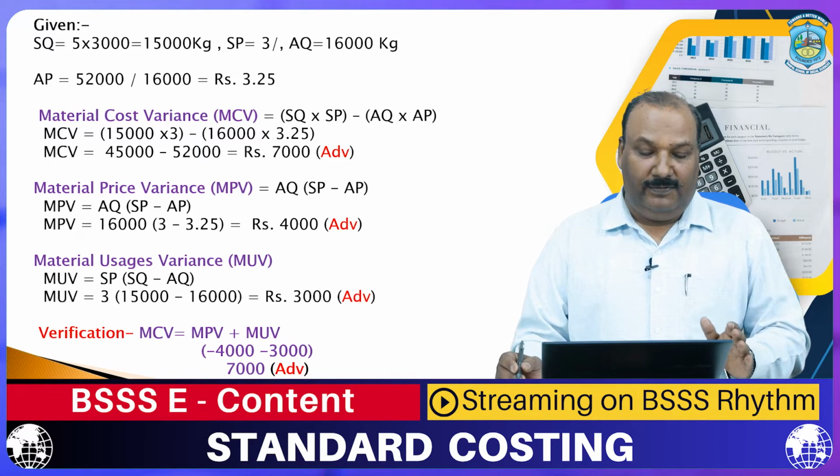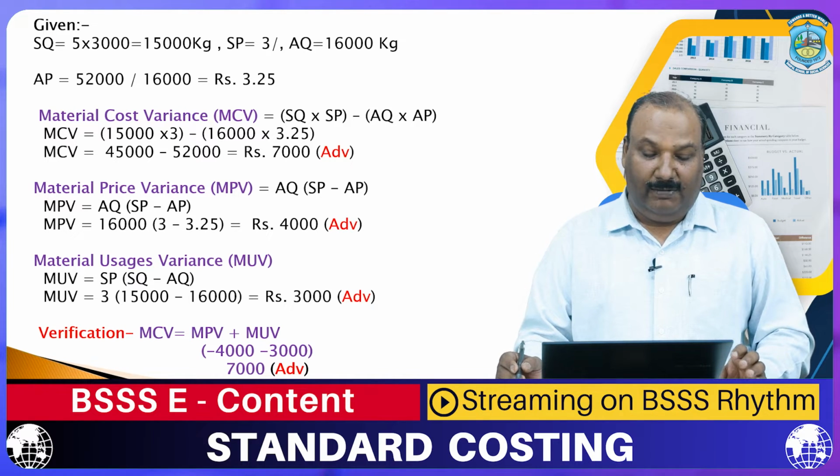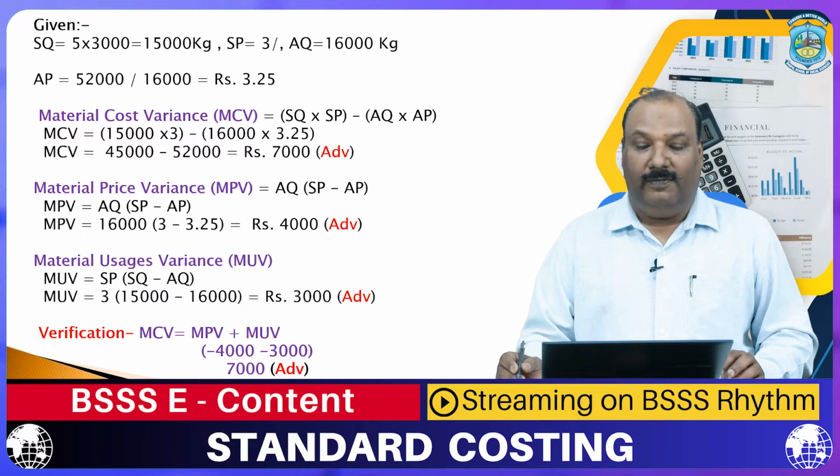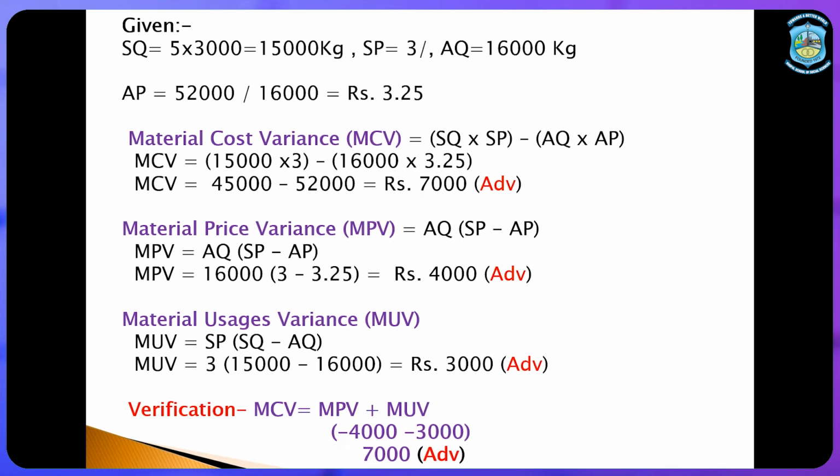Here is the formula which we have to apply for calculating the material cost variance. Formula is standard quantity multiplied by standard price minus actual quantity into actual price. Put the values in the formula. Material cost variance is equal to 15,000 multiplied by 3 minus 16,000 into 3 rupees 25 paise.